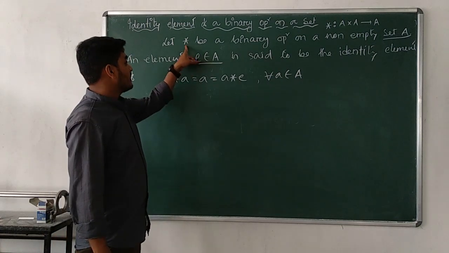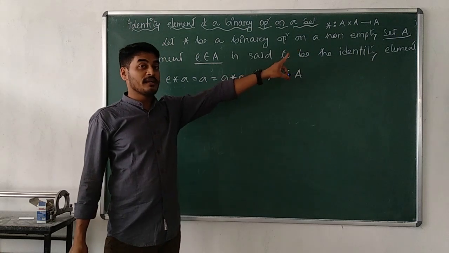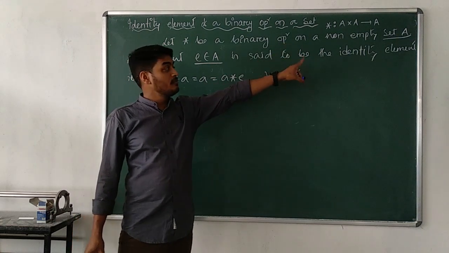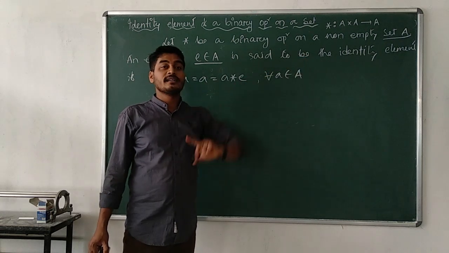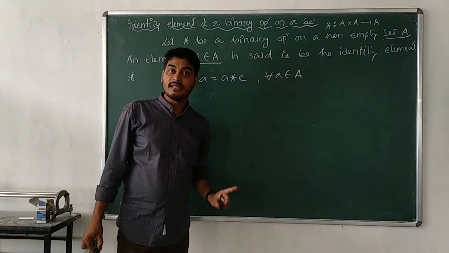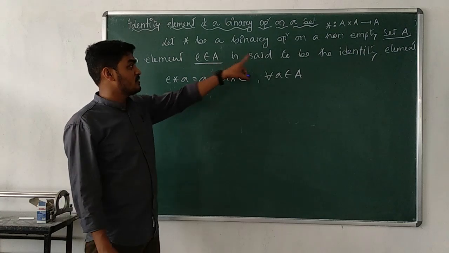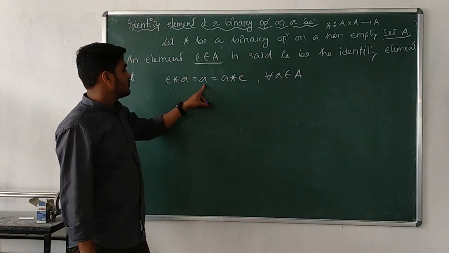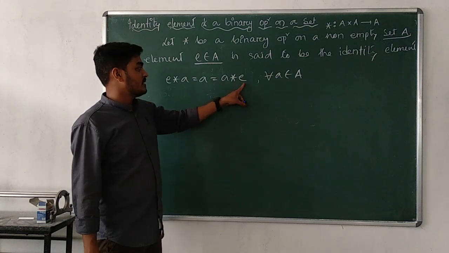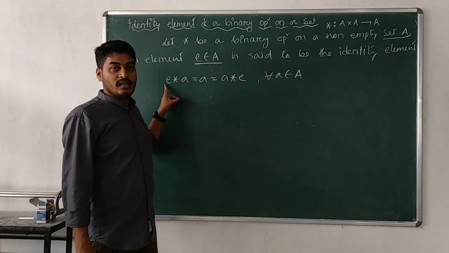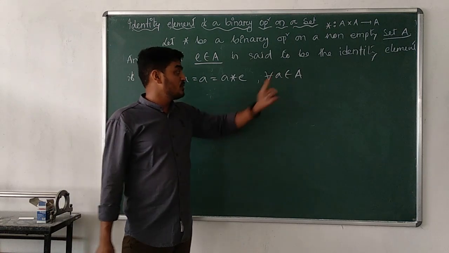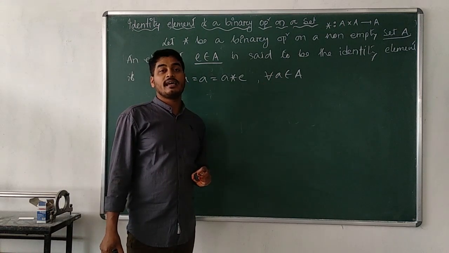Remember, star is a binary operation on A. The identity element should belong to that set. Whether the binary operation is defined, the identity element must be an element of the set. So e belonging to A is said to be an identity element if e star a belongs to A, equal to a star e, equal to a. This one is the right hand identity and this one is the left hand identity. Both of them should be equal, and it should be true for each and every element of the set A.